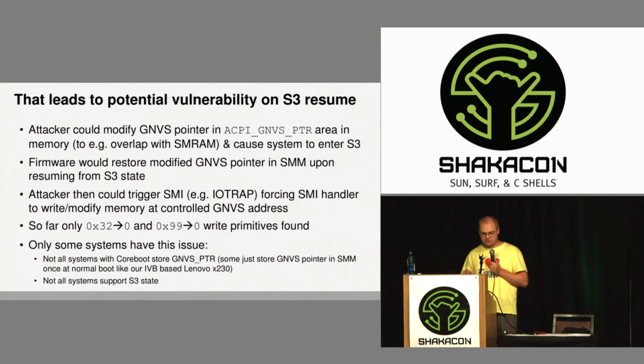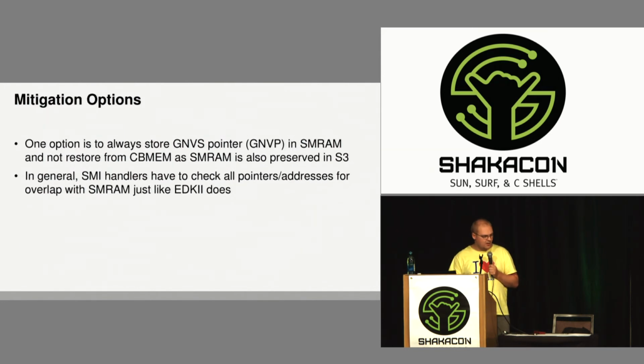This type of issue may not be applicable if the system doesn't have an S3 boot script, or, because this vulnerability is implementation specific, some platforms may not store the pointer to the structure in CBMEM memory. So some systems are more vulnerable than others, and specifically Broadwells may have that vulnerability.